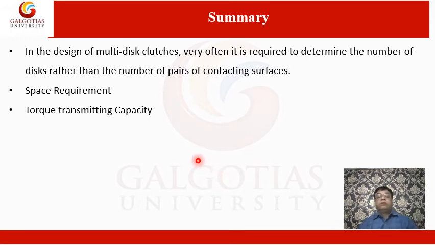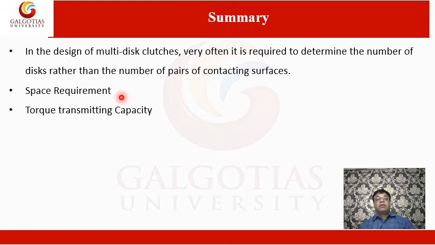So now I will conclude my lecture. In this lecture you have seen the working and design of the multi-plate clutch. In the design of multi-disc clutch, it is required to determine the number of discs rather than the number of pairs of contacting surfaces. Based on the space requirement, the multi-plate clutch is more suitable where space is small.